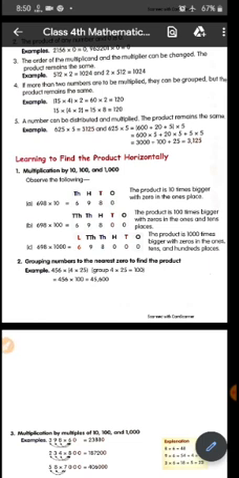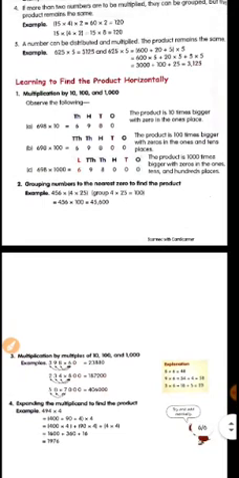So I am jumping to the next, second: grouping numbers to the nearest zero to find the product. So here is an example: 456 into 425. To get the nearest zero number, what we have done is multiply 25 into 4.